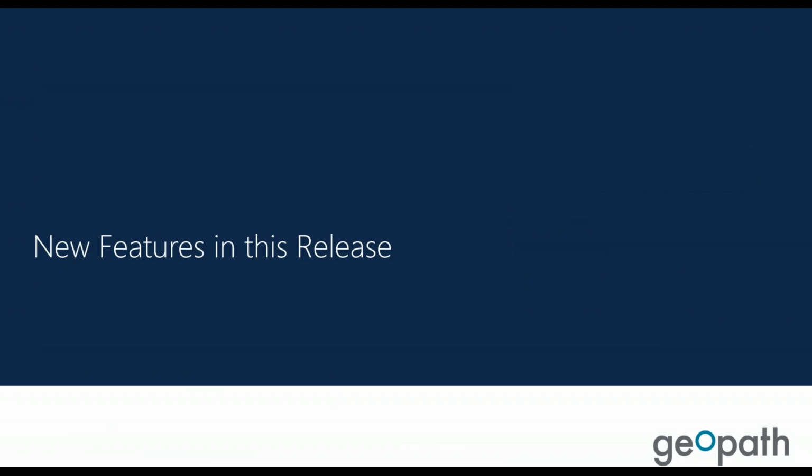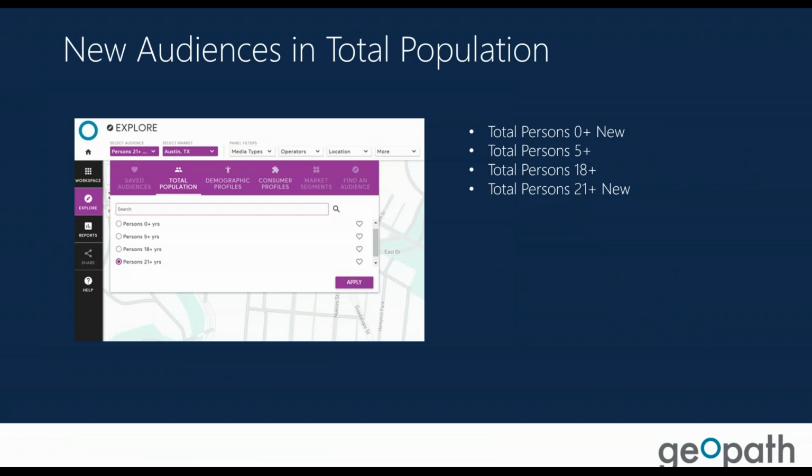That said, I want to talk about the new features in this release. If you were on the last session, the one in June, you may notice that the structure of how we're presenting the different audiences and population demographics has changed, and that was to allow us to add more and more populations and demographic profiles, as well as consumer profiles. In this iteration, we've added two new ones, and as of today, several more in the demographic profiles, I believe.